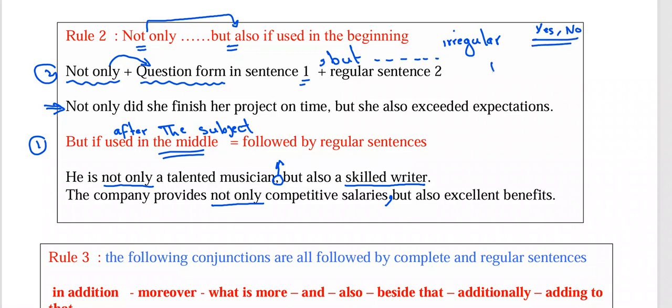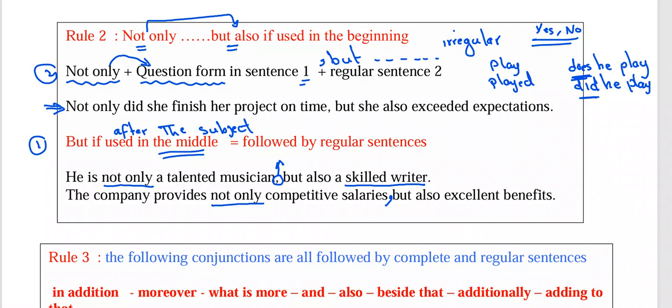So if the sentence uses the verb play, say "not only does he play." If the sentence is in the past, played, say "not only did he play." How to make the question form in the past using did, and how to make the question form in the present using does.